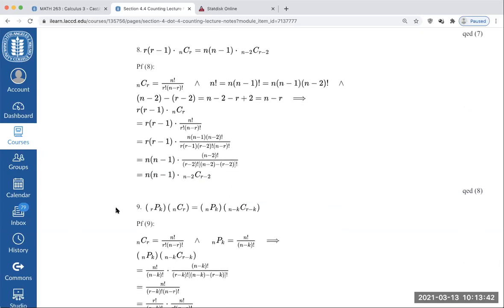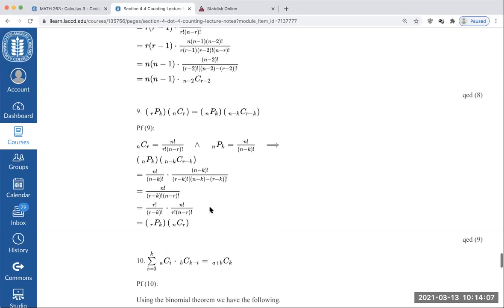Next. And so that was, again, one of the absorption properties. Let me prove the following absorption property, which is really that rPk times nCr is equal to nPk times n minus k C r minus k.